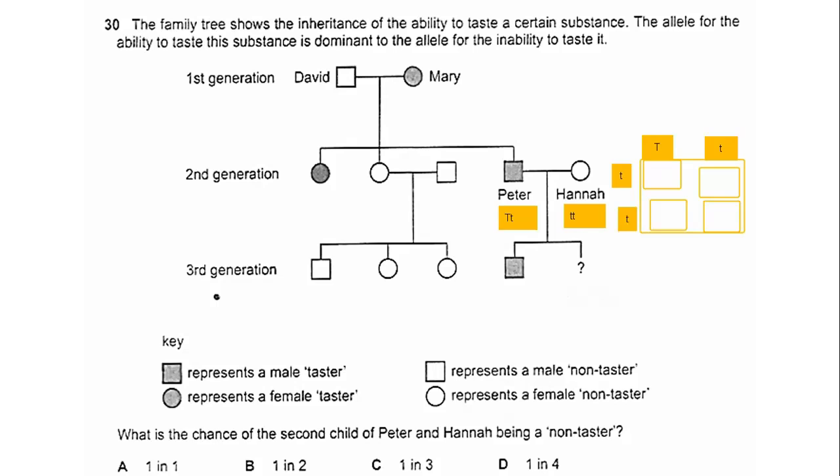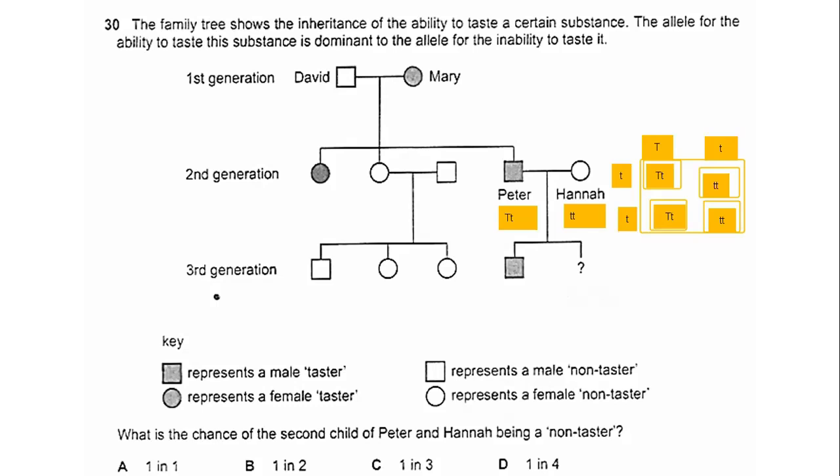So the first child will be heterozygous, taking this gamete with this gamete. And the second individual will be homozygous recessive. The third one will be heterozygous too. And the last one will be homozygous recessive. So if we look at the Punnett square here, we can easily know.